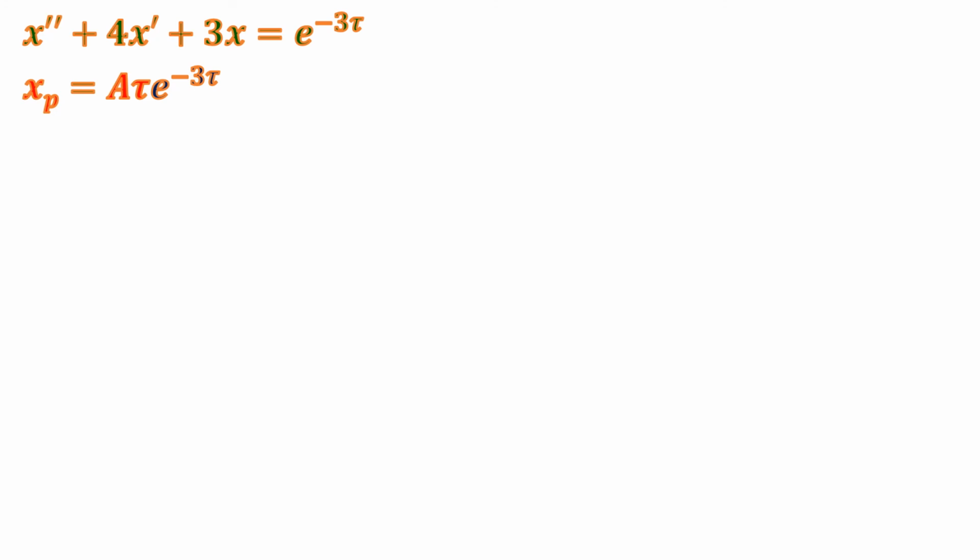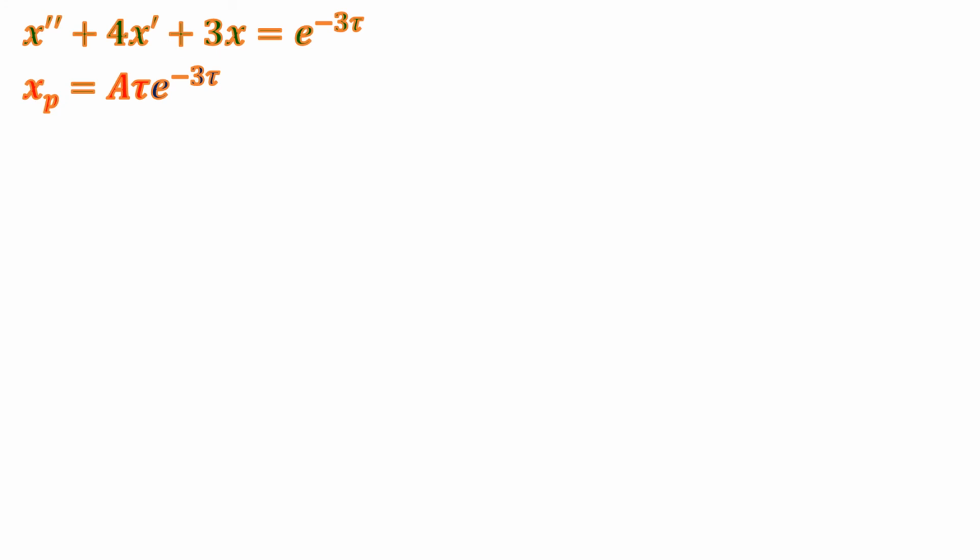So that makes it possible to solve. You only do that if the given expression has the same exponent as the complementary solution. It's the same e to the negative 3t. That means they are like terms and they will be combined as we have the general solution. So we need to avoid that.